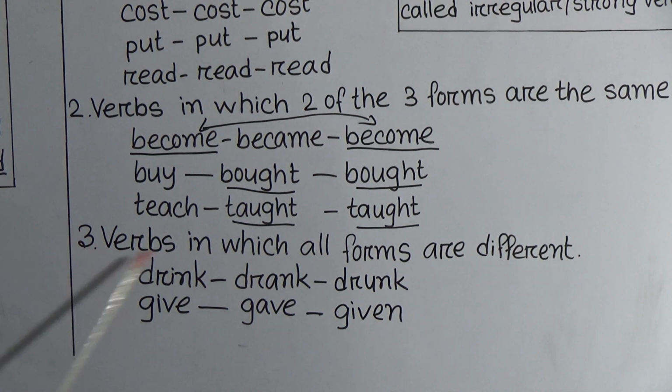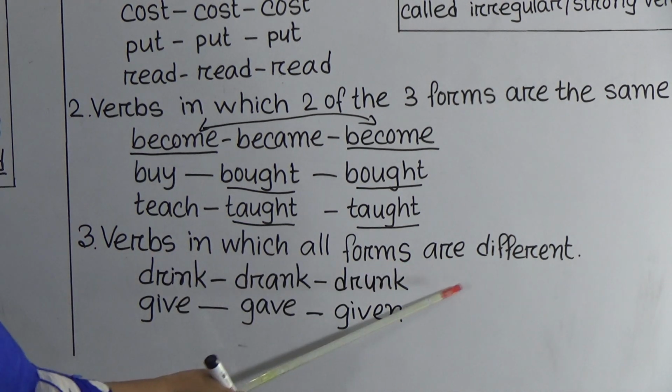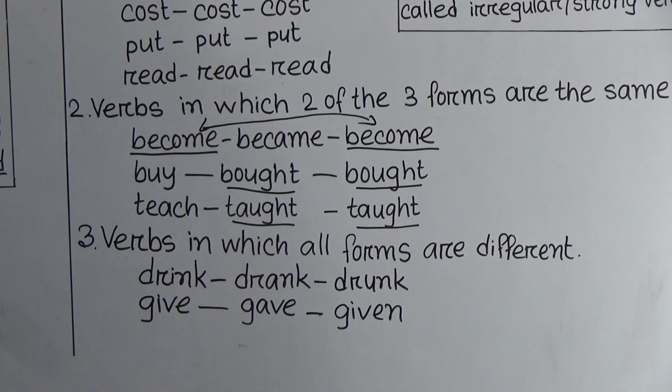Now number 3, verbs in which all forms are different. It means all forms, that means three forms, base form, past form and past participle form will be different from each other. Look at this example. The first example is drink, the past form is drank and the past participle form is drunk. Drink, drank, drunk. Give, gave, given. Students, is there any similarity?